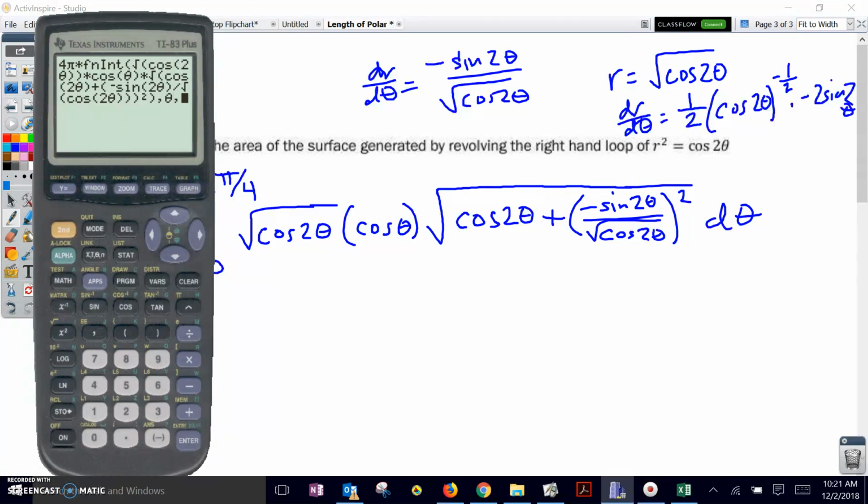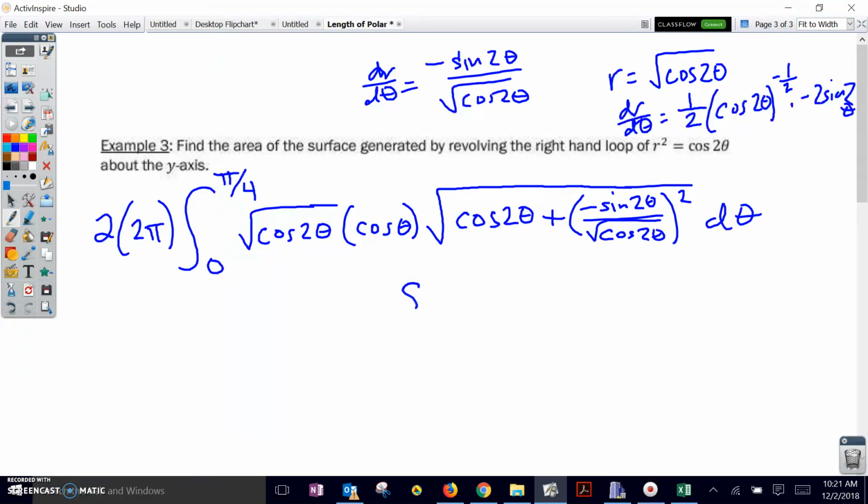I think I've got all my parentheses in there. Go ahead and let my calculator calculate this value for me. And I get 8.886.